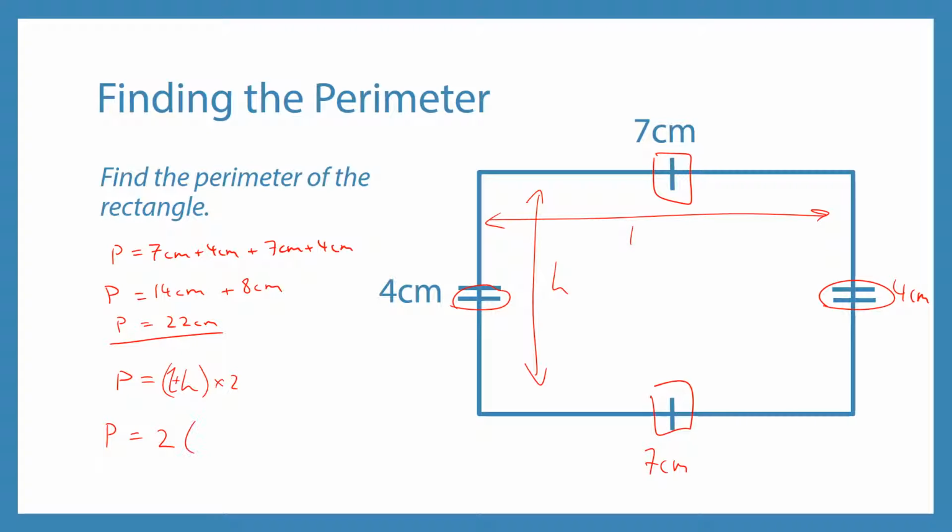We can check that: 2 times length plus height, 7 plus 4, which is going to give us 2 times 11, which gives us 22 centimeters, as we expected. So the formula for the perimeter of a rectangle is 2 times length plus height. But again, you can probably work that out on your own.